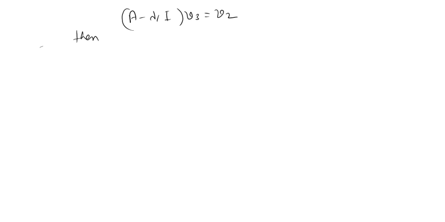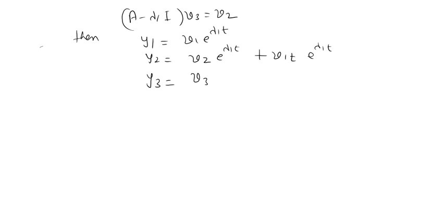Then you have three solutions. So y1 is just v1 e^(lambda 1 t), y2 is v2 e^(lambda 1 t) plus v1 t e^(lambda 1 t), and the third one is v3 e^(lambda 1 t) plus v2 t e^(lambda 1 t) plus v1 t^2/2 e^(lambda 1 t).